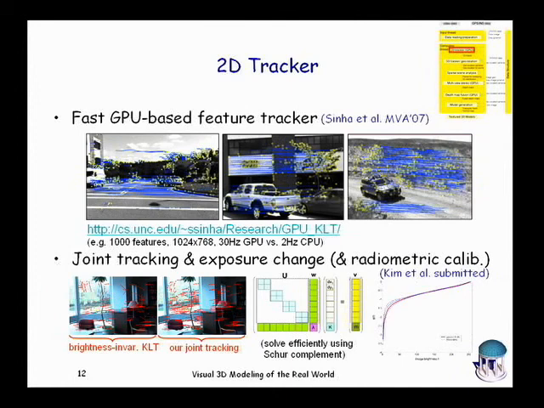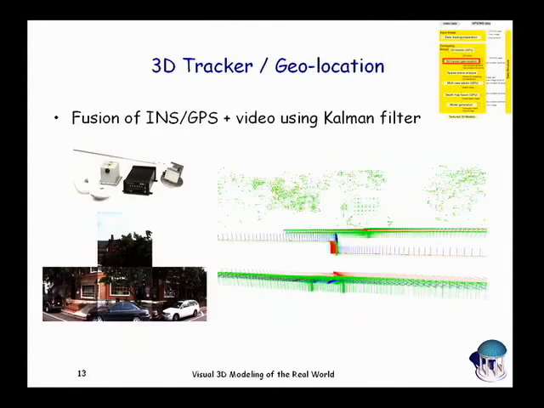Now, of course, if your cameras are programmable, you don't need to do this. But it works a lot better than the standard solution in the KLT tracker to deal with brightness changes.